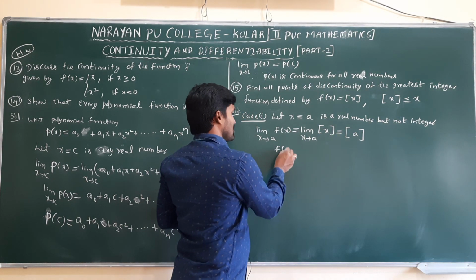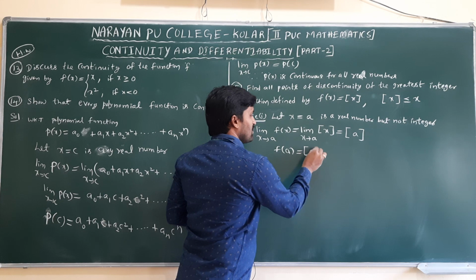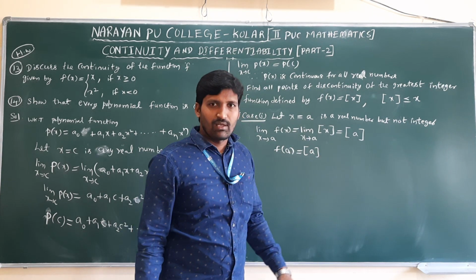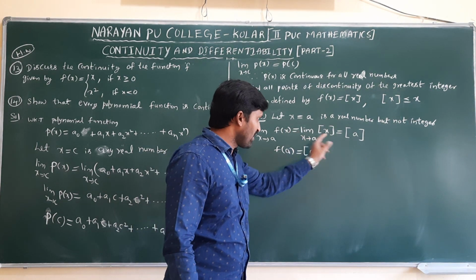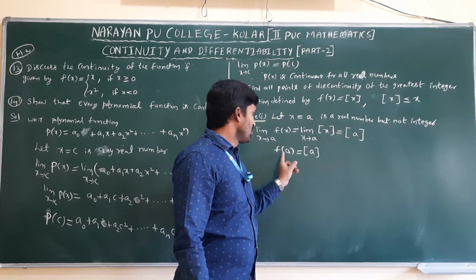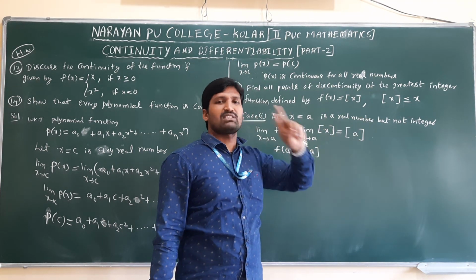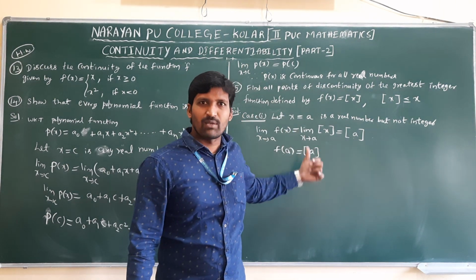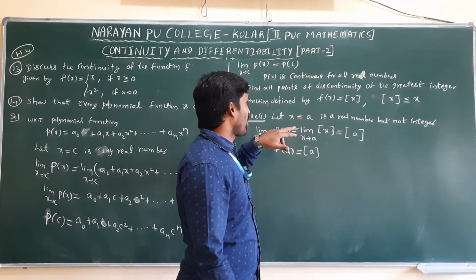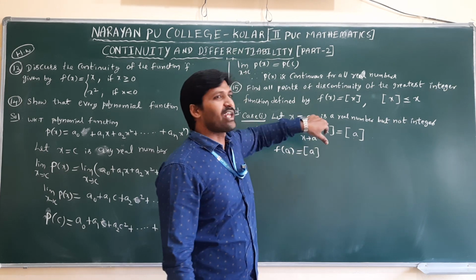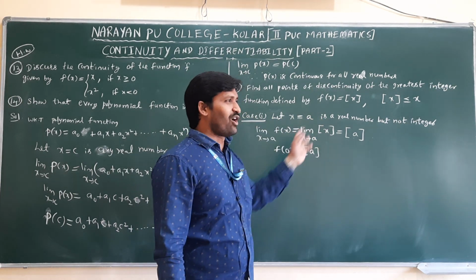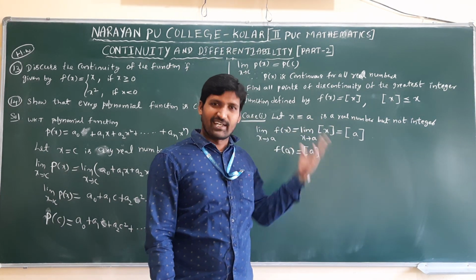f of a similarly will be [a]. If a is 2.5, then [2.5] is 2. So f of a is also [2.5], which is 2. The limit value and function value are both the same. Here I am talking about a being not an integer; the output will be an integer only.